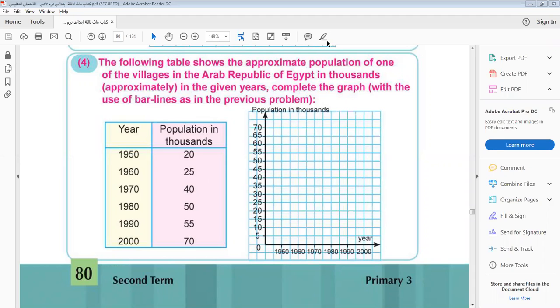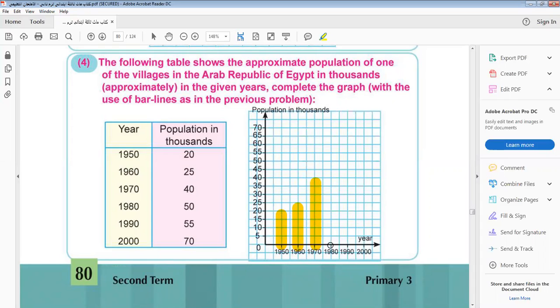In 1950, they are 20, so here till 20 like that. 1960, 25, so from here up till you reach 25 like that. 1970, here 5, 10, 15, 20, 25, 30, 35, 40.